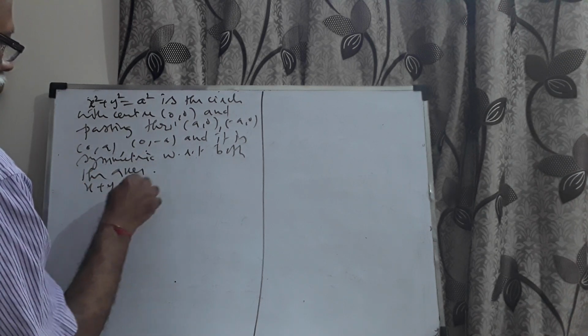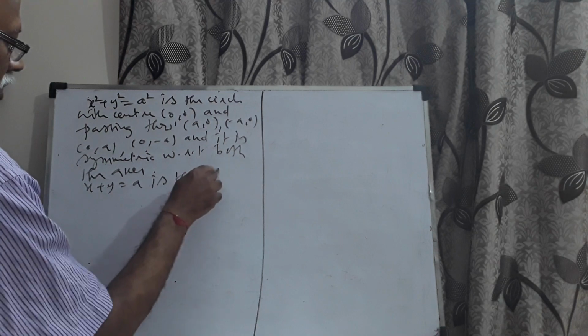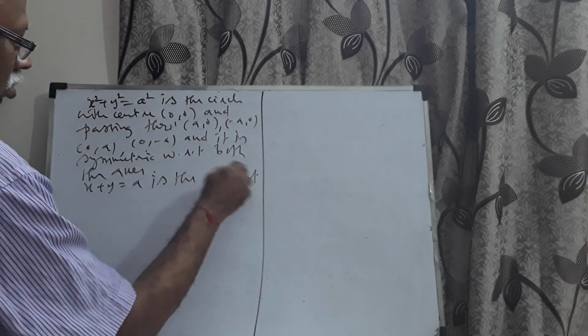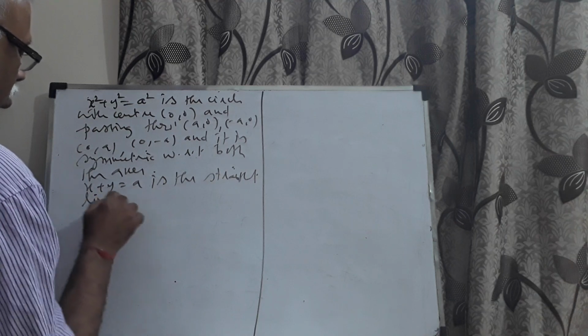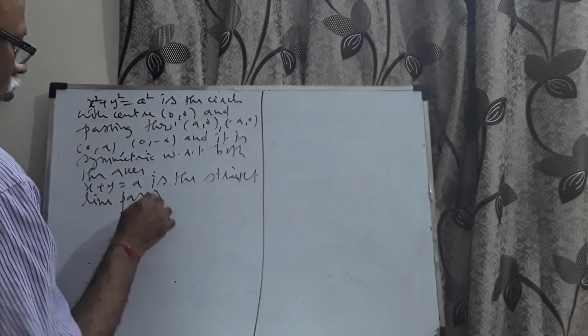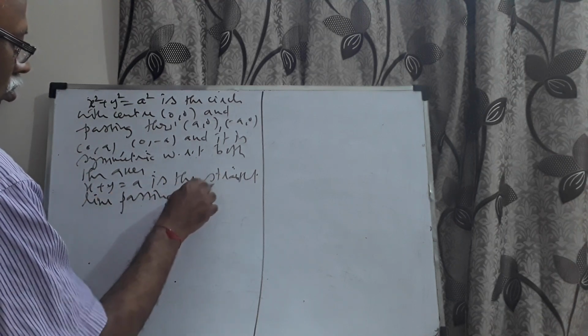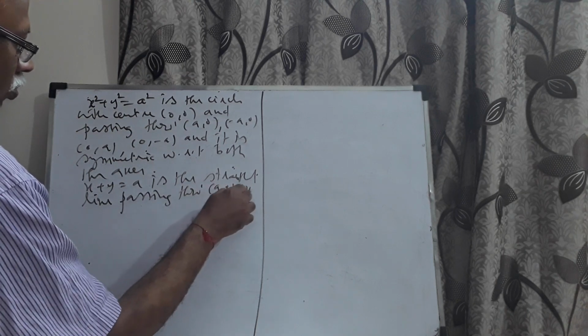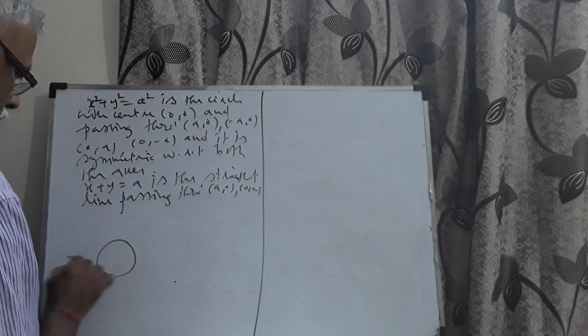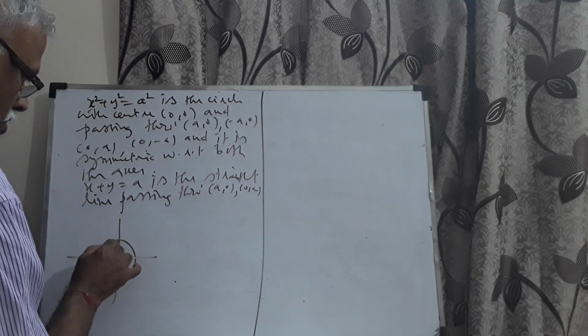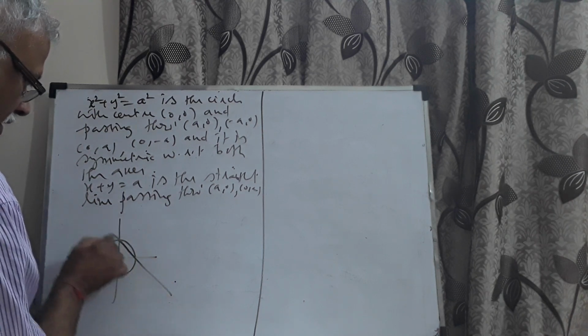X plus y is equal to a is the straight line passing through a, 0 and 0, a. You can just draw the diagram. This is the diagram I will have.